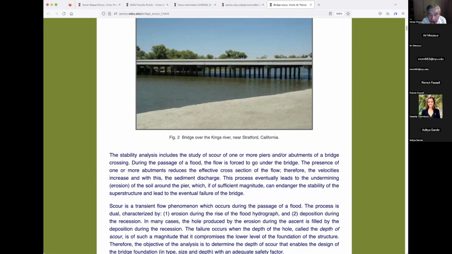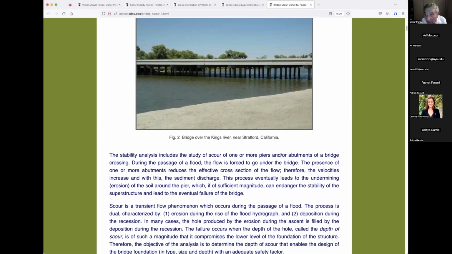During the passage of a flood, the flow is forced to go under the bridge. Why is it forced? Because the bridge occupies space, and the flow is not going to go through that space, obviously, right? So there's going to be acceleration of the flow as it goes through the bridge. And that's what causes the failures of the bridge. If the bridge were a bridge that doesn't have any columns, then it would be nice.